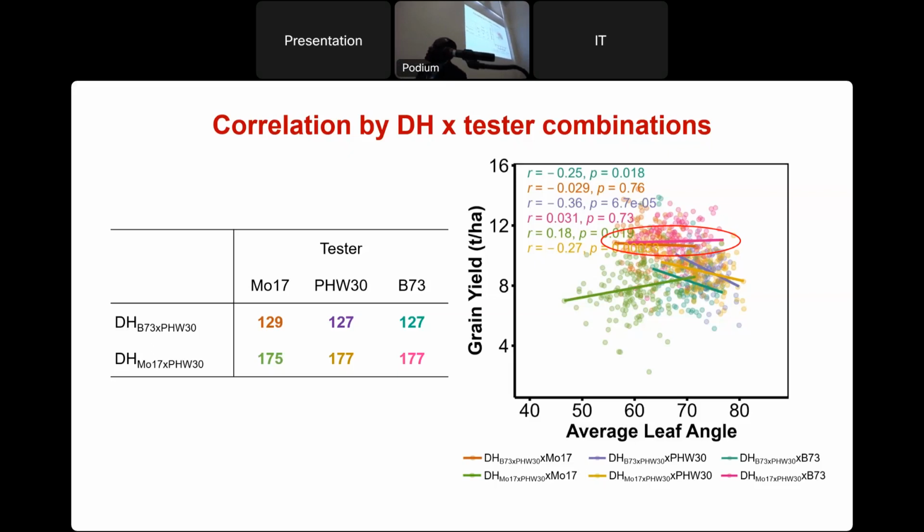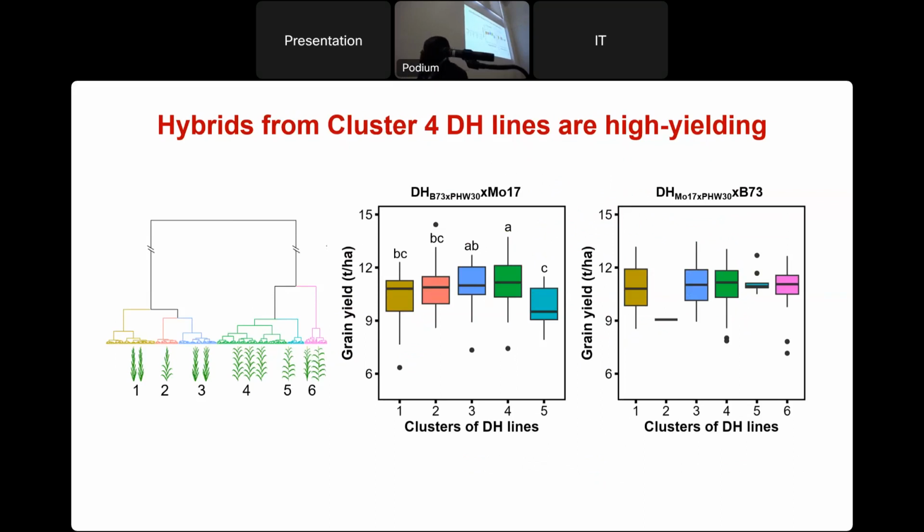So we decided to see how they are grouping depending on the clusters that we looked at before. We already know that there is a consistency between the leaf angle pattern of the DH line and the hybrid. So if we look at the 6 clusters, how are the hybrids that were developed from those DH lines yielding?